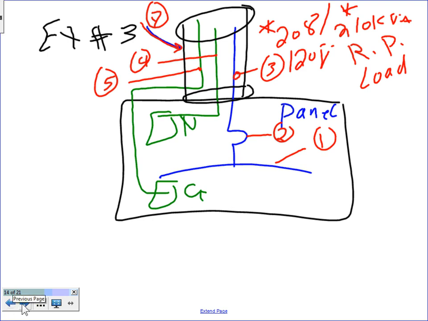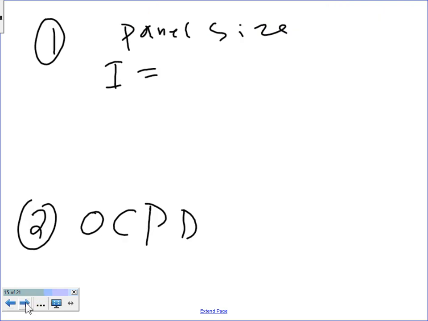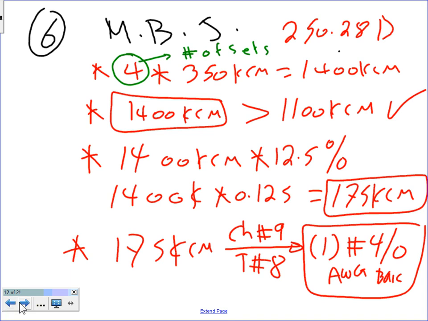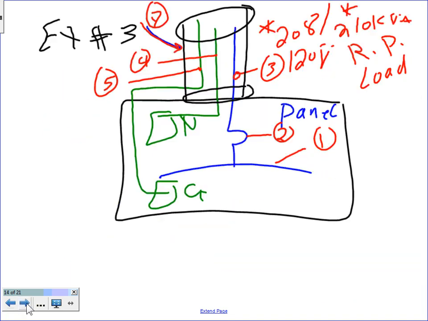Number 6 was the main bonding jumper, and we don't have it. Number 5 was the grounding electrode conductor. So let's just continue with what we have. There is no number 6. Any question, guys, about this?